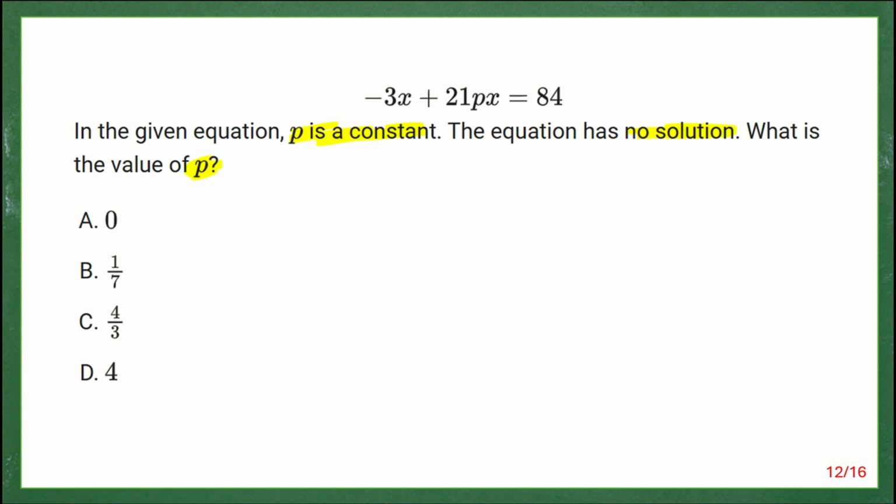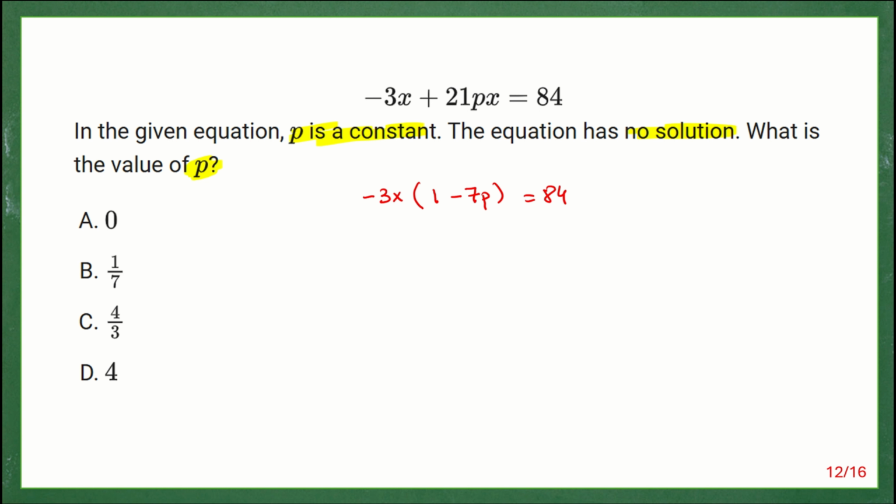So let me take negative 3x as a common factor, and it becomes negative 3x times (1 minus 7p) equals 84.